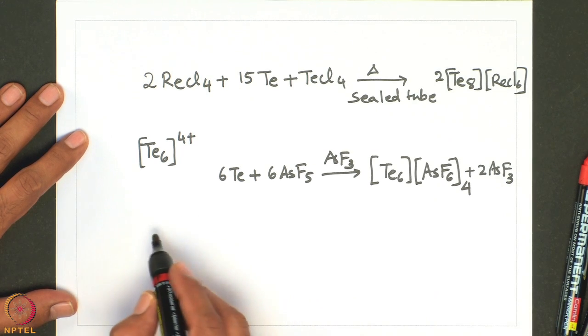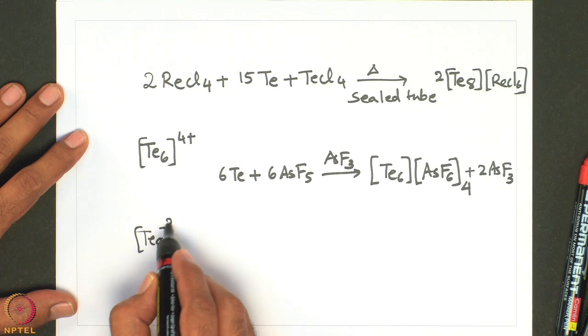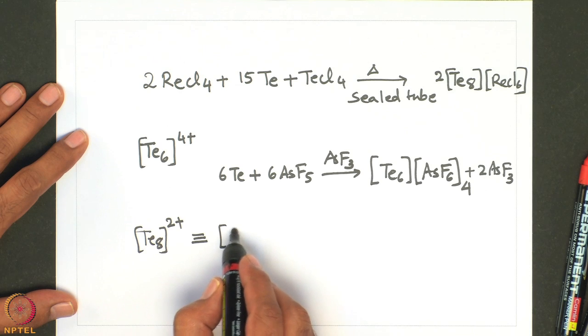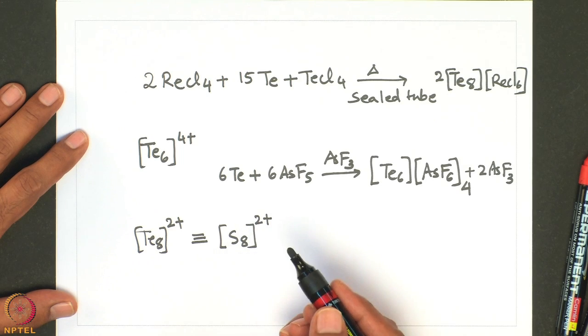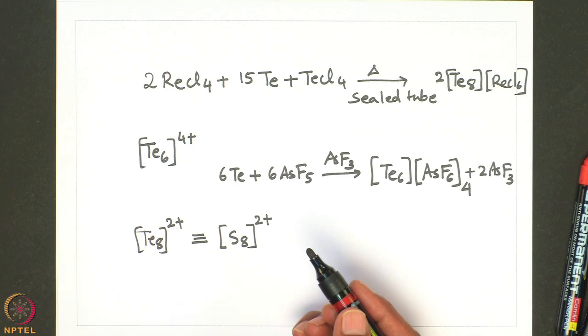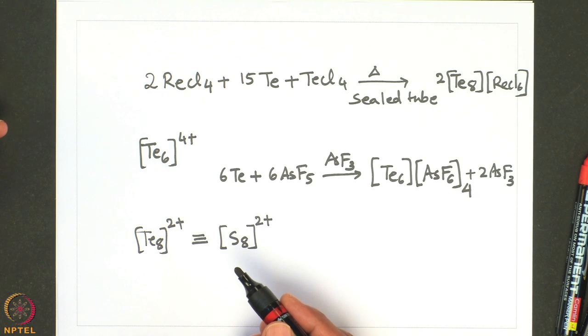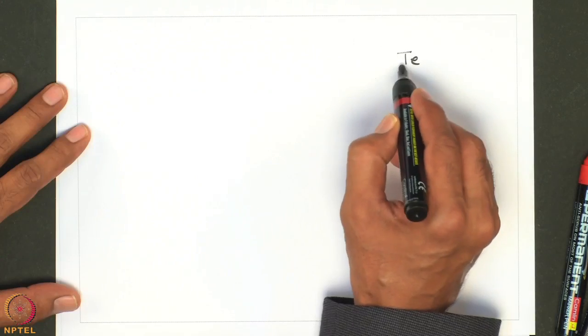And if you look into the structure of Te8 2+, this structure is very similar to that of sulfur. Okay. But in case of tellurium 8, if you use tungsten hexachloride, the cation has the bicyclic structure.